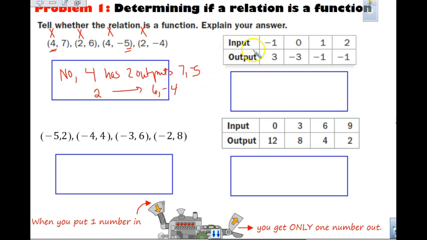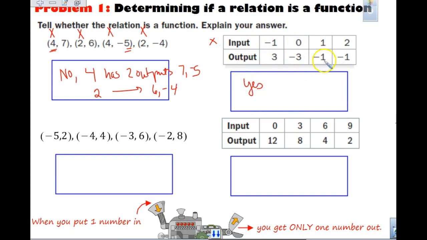So if we're looking at this one, we look at our inputs first. This would be your explanation part. The reason that it's not a function: 4 has 2 outputs, 2 has 2 outputs. As we look at this one, -1, 0, 1, and 2, we have very unique inputs. So is this a function? Does each input have an output?